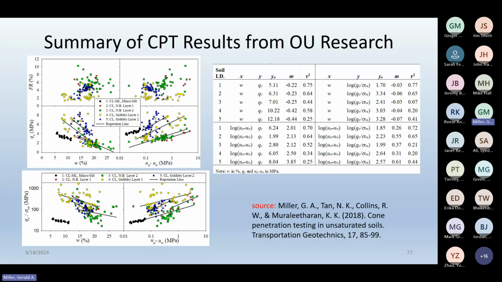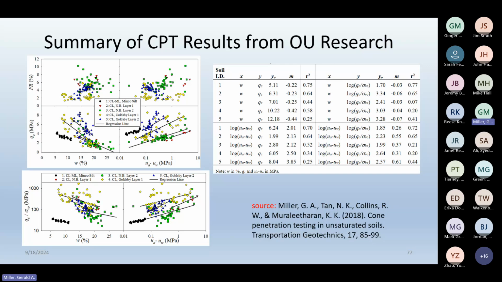It boils down to 10 data points, but each of those data points probably took a month or two to produce. But you can see there's very strong correlation between water content and tip resistance. As water content increases, as we would expect, tip resistance decreases. Similarly, the inverse is seen for suction, which we expect. As suction increases, tip resistance increases.